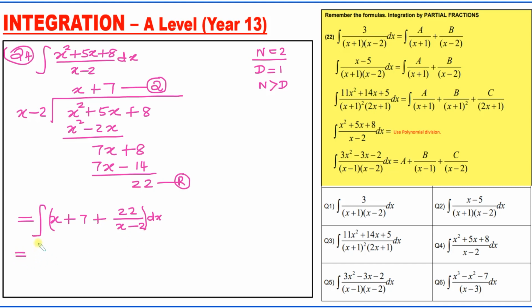Now the answer is integrating x is x squared over 2 plus integrating 7 is 7x and integrating 22 over x minus 2 is 22 ln x minus 2 plus c. That is the integration. You need to understand the pattern. When the numerator's power is more than the denominator's power, then you need to apply the polynomial division.